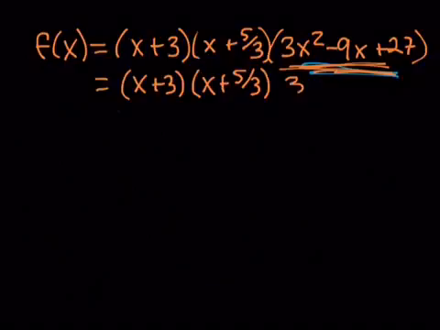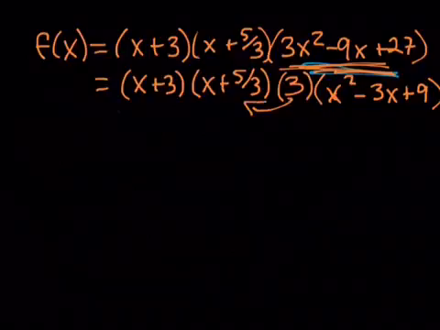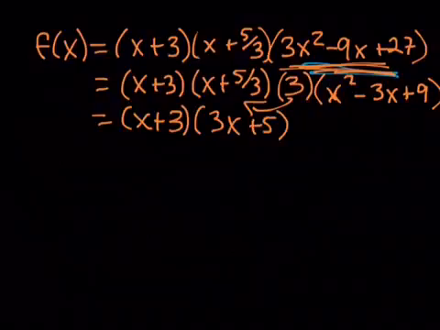All right, so if I take out the 3 and I'm left with x squared minus 3x plus 9, right, then this 3 gets multiplied to x plus 5/3, and if you distribute that, you get 3x plus 5. All right, so it doesn't matter for finding the roots one way or the other, but it does matter for writing this polynomial correctly factored.